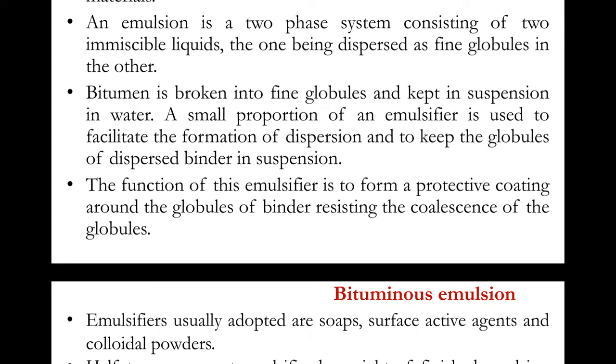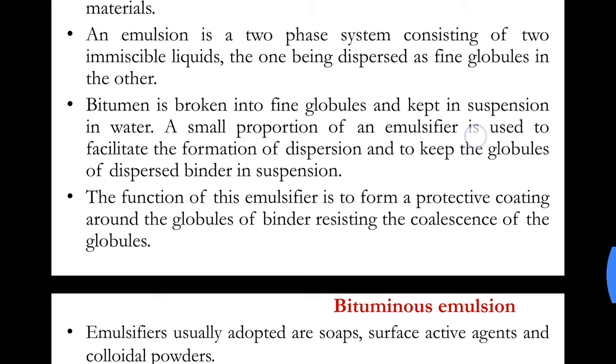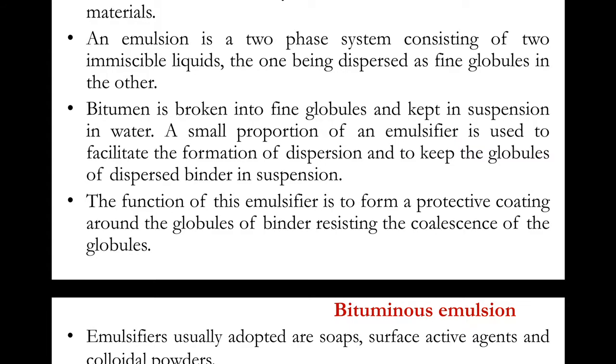What we do is we use an emulsifier, which is again a chemical. Using this emulsifier, we disperse the bitumen into the water so as to form a dispersion. We mix the bitumen and water for a certain period of time. After the application, as soon as the water evaporates, the bitumen will again harden and gain its binding properties.